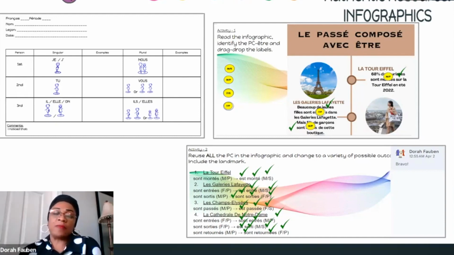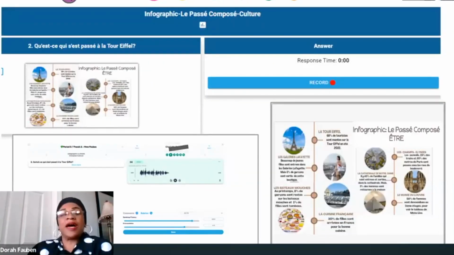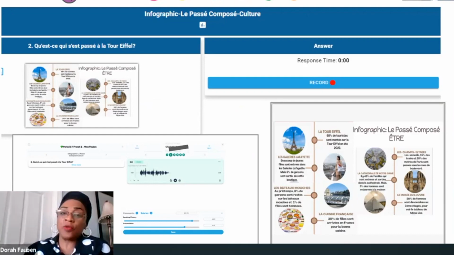So here the feedback is kind of immediate because I used slides, and so it's just an activity loaded with scaffolding activities. On Extempore, students practice reading the tense with X. They discover French activities with regard to landmarks, and thus reinforcing reading through intonation and fluency.